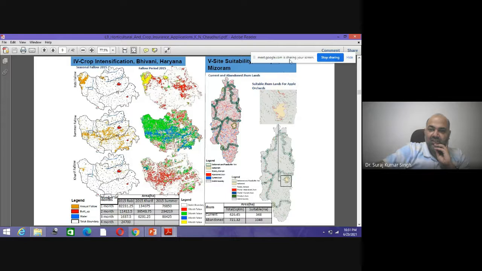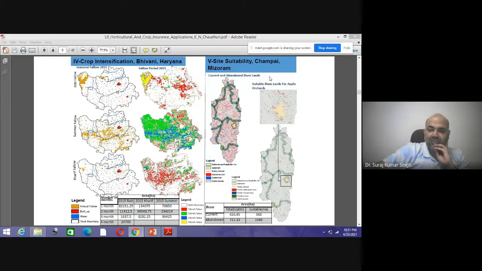In the second half, we are providing some site suitability analysis where various kinds of multi-thematic analysis were performed, various kinds of weightage were assigned, and finally we have calculated the current amount of mango cultivation, how much more area is suitable, what is the area under abandoned land, and how much suitable area is available.